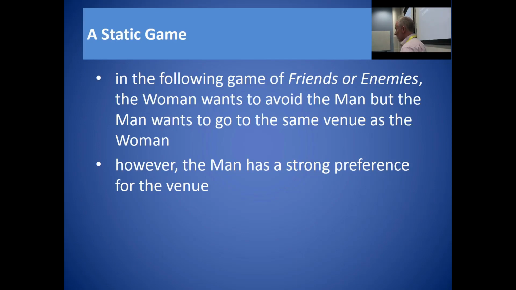Whichever venue he prefers, and this will be determined by his character, he prefers that more than going with the woman. Whereas for the woman, what matters more for her is that she avoids the man. But just remember this part in the game as well: the man has a strong preference for venue, whatever that preference might be. So, that's our basic setup.